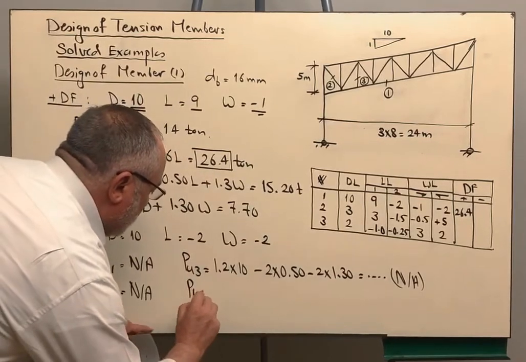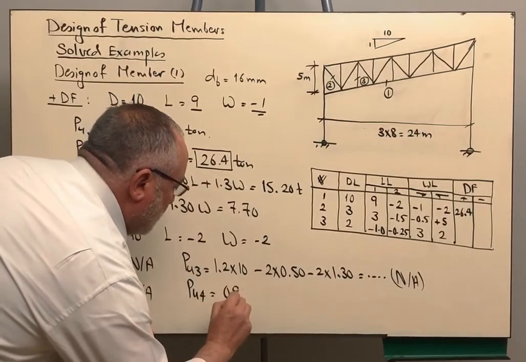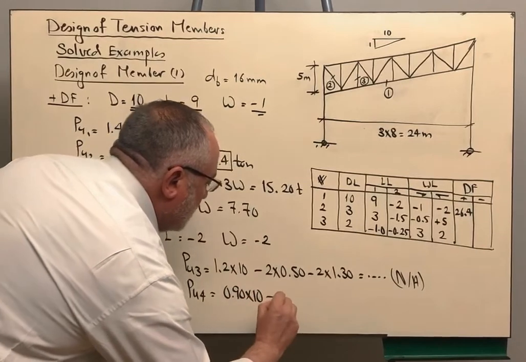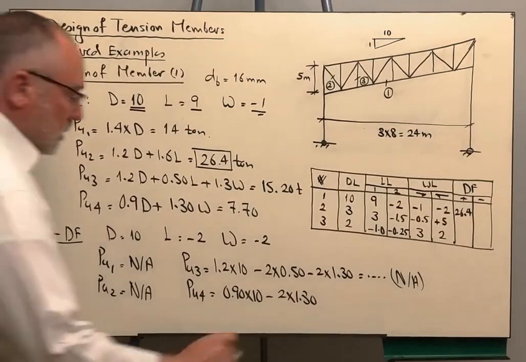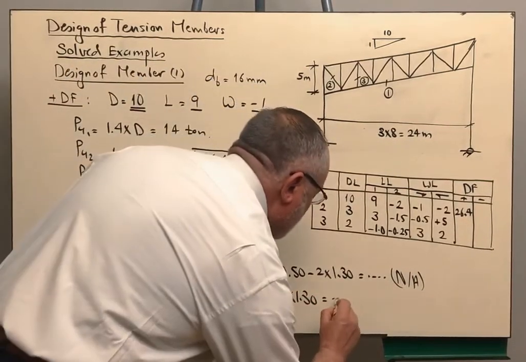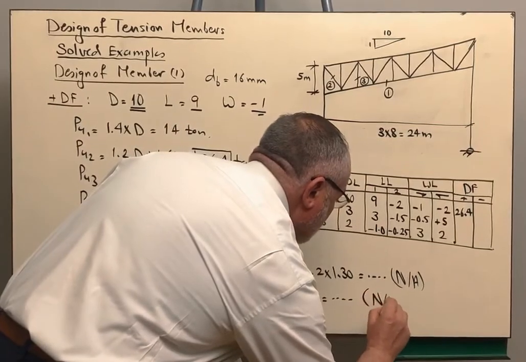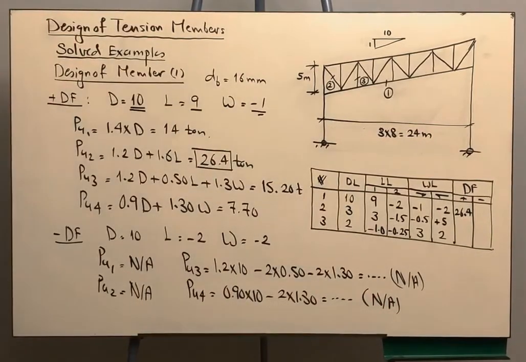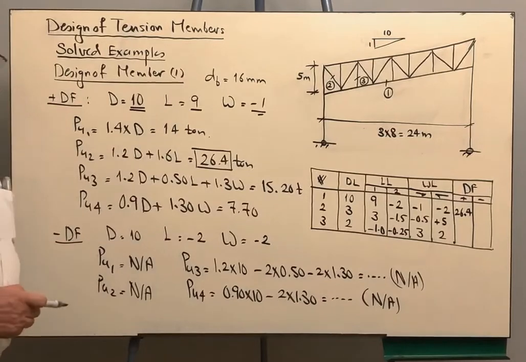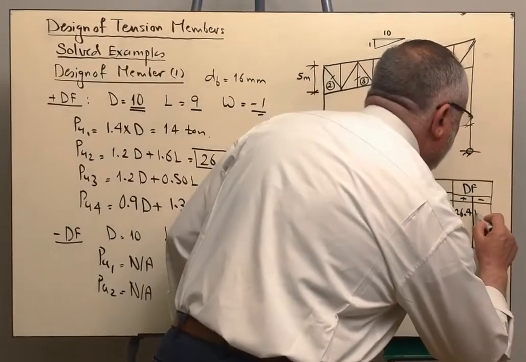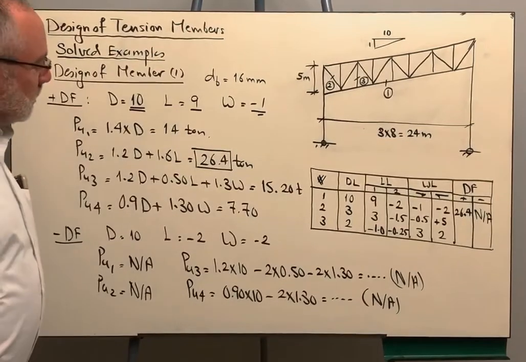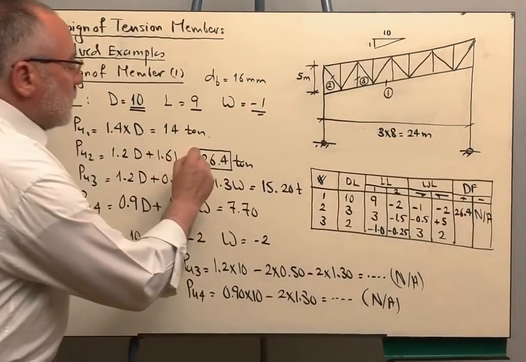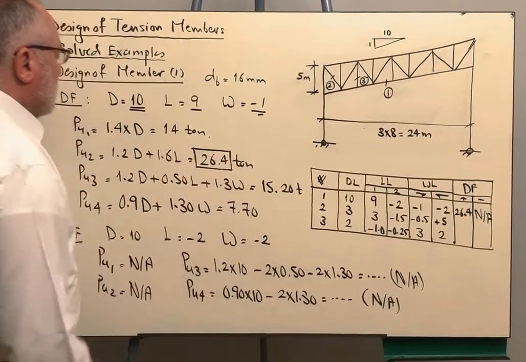And for P ultimate 4, we are taking 0.9 of the dead, negative 2, which is the wind, multiplied by 1.3, its factor. Also, we are getting, in this case, a positive design force, so it is not applicable. So this means that none of the load combinations will give us a negative design force, so this member is a pure tension member. And the design force that we are going to use here is 26.4.